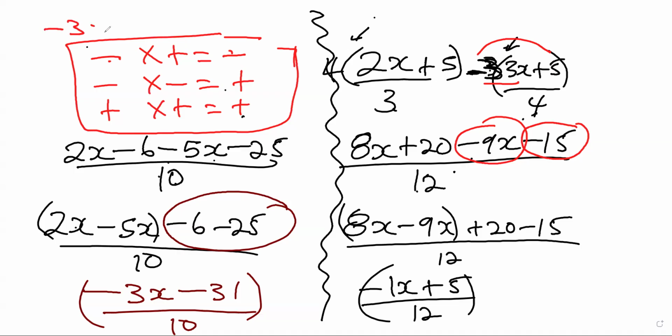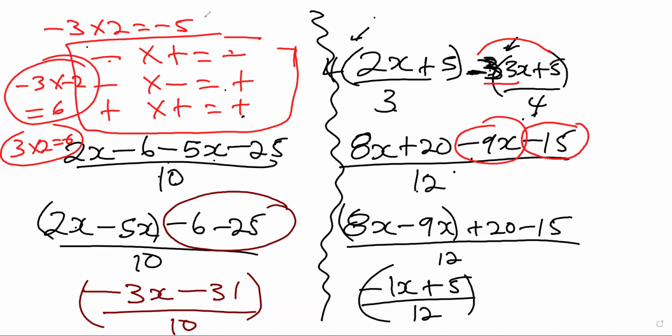If we have negative 3 times 2, that's negative 6. If we have negative 3 times negative 2, that's positive 6. Everybody knows this, 3 twos are 6. That's simple, but it prevents persons from getting a straight A. Once you master this, you should be fine.